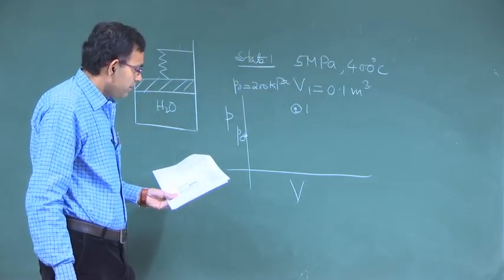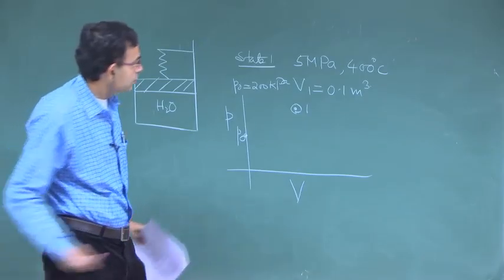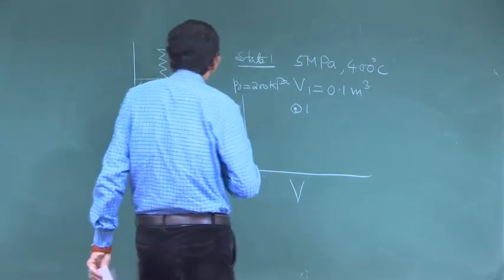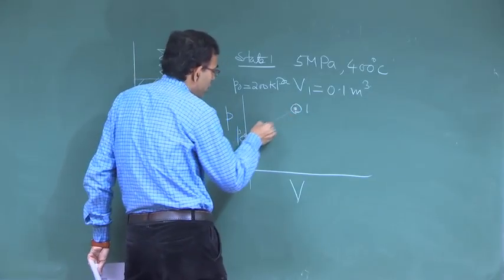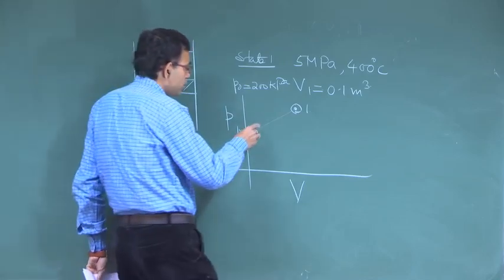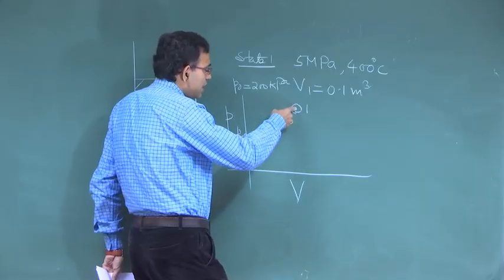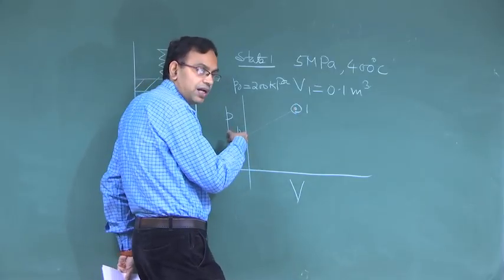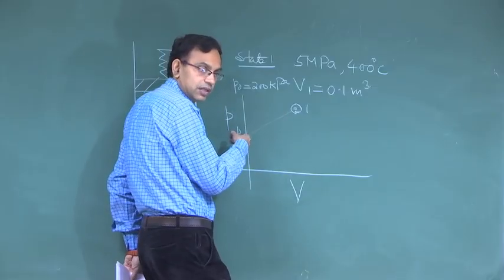Now, the system cools until the pressure reaches 1200 kilopascal. So, when it cools, because it is encountering a linear spring, it should cool along this path only, the straight line joining these two, but the full part of this is not real. It is just a hypothetical set of data points, so that you can generate the direction along which the process will occur.